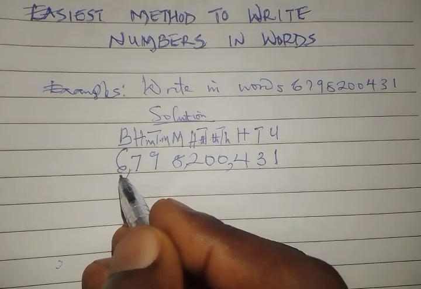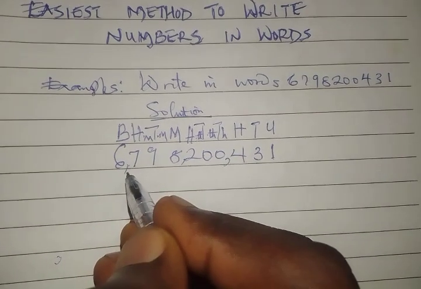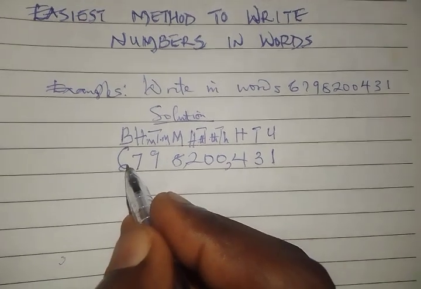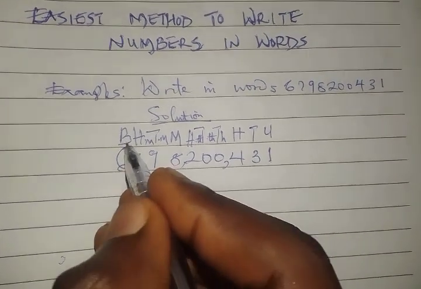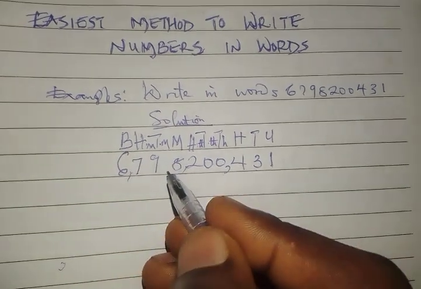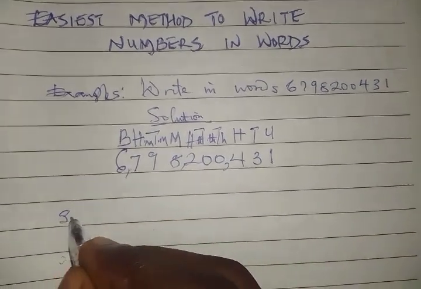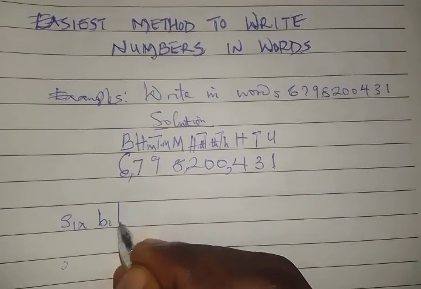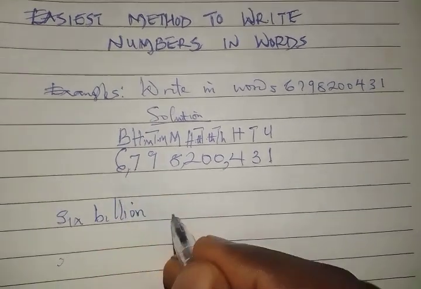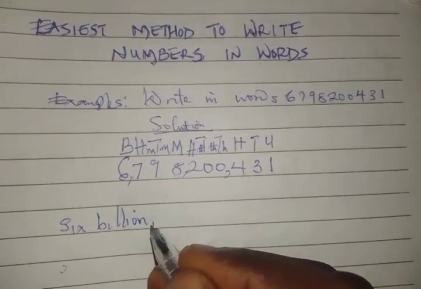But if I just have 6, it will just be called 6 before the comma. Please pay attention. So now, what do we have here? 6, and what is above 6? B, and B stands for billion. So we'll have 6 billion, after which there was a comma, so you put your comma as well.